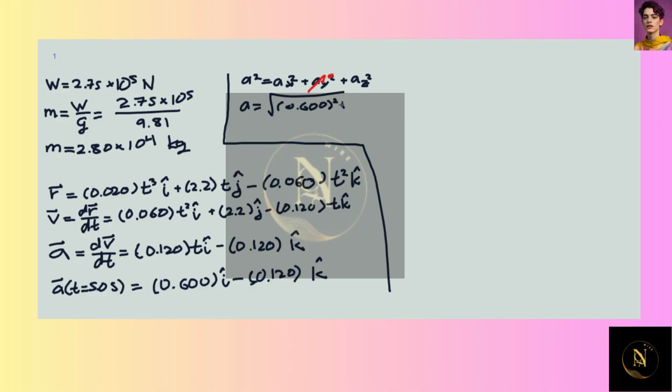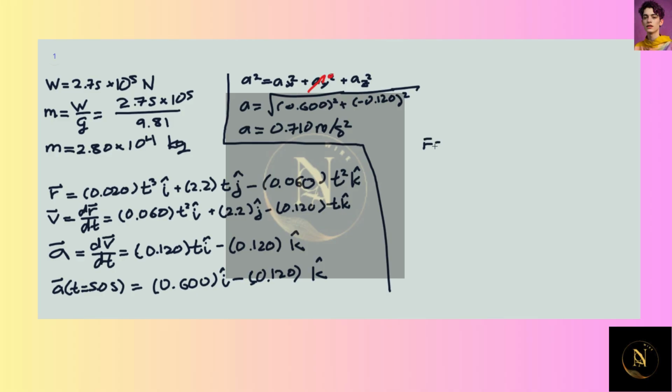So that was 0.6, and the z component is negative 0.12. The minus sign will turn out not to matter because we're squaring it, but we do that anyway, add them together, and then square root it and get that acceleration.